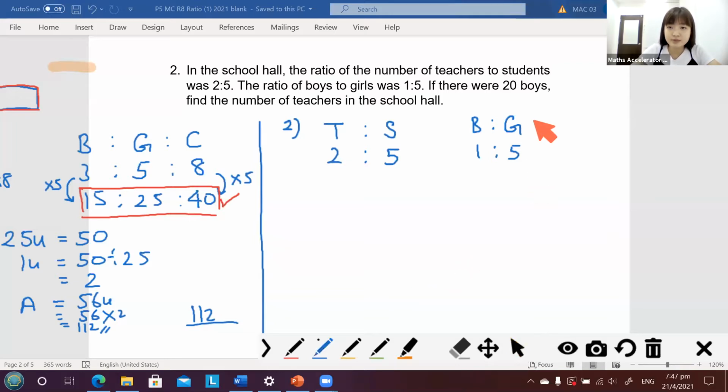Once you found out that the students is the boys and girls, then we can make the equivalent ratio already. So this 5 plus 1 is 6, boys plus girls. Now your students must have the same units. Cannot be different because it's both students. So common multiple of 5 and 6. What should you change it to?